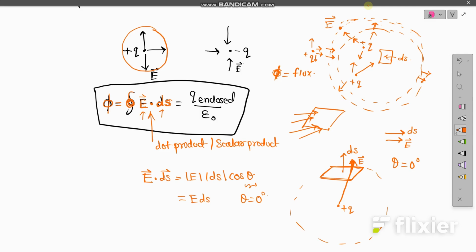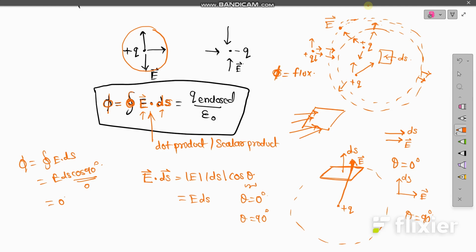If in case these two vectors are perpendicular to each other, if this is the area vector and this is the electric field vector, theta is equal to 90 degrees. So the total flux will involve cos 90 degrees. Cos 90 degrees is 0, and hence the total flux will be 0, because flux is equal to the closed integral of E dot ds, which is E ds cos 90 degrees, and cos 90 degrees is equal to 0, hence flux is equal to 0.